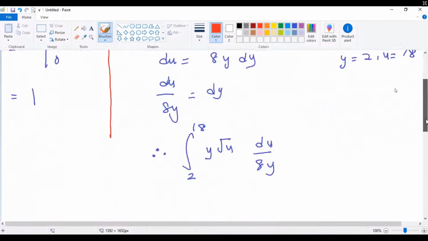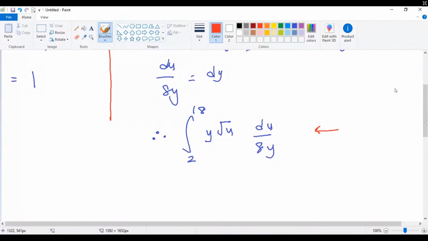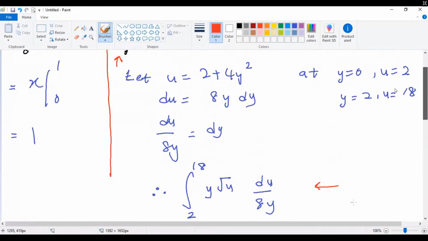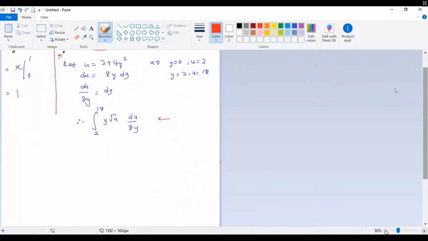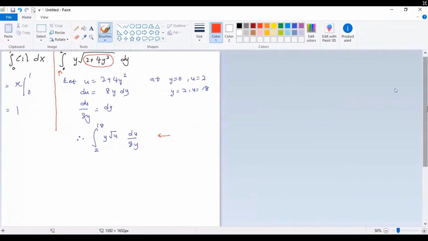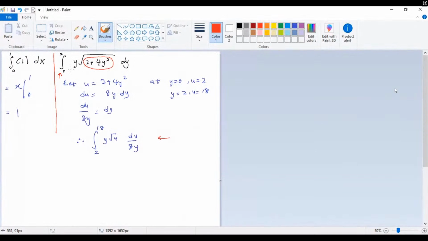After we substitute everything, I just maintain y here. The square root of 2 plus 4y squared becomes the square root of u. dy you change to du over 8y, so then you can simplify the y. So what you need to integrate is from 2 to 18 square root of u over 8 du.